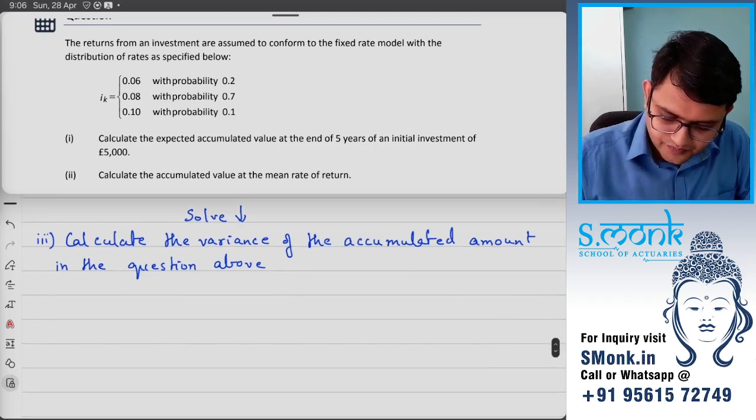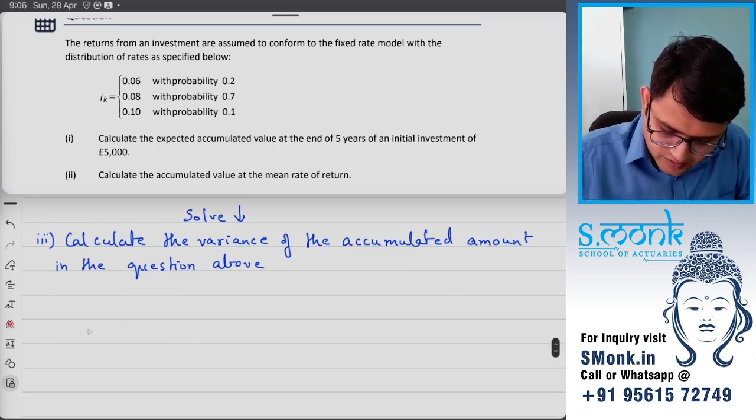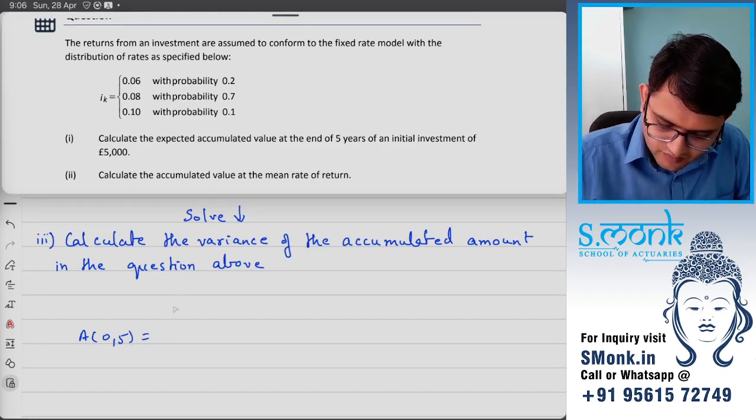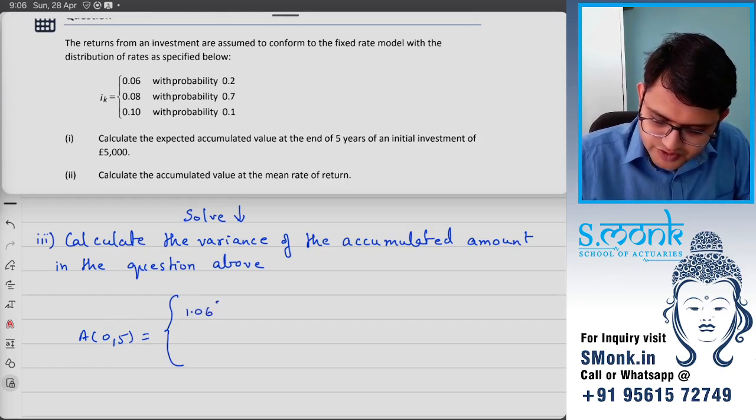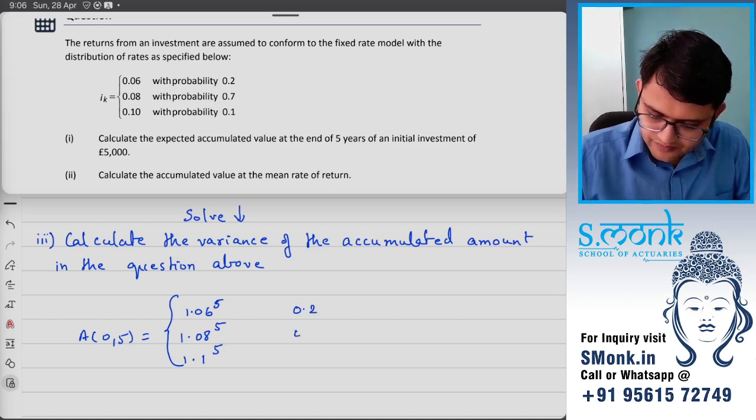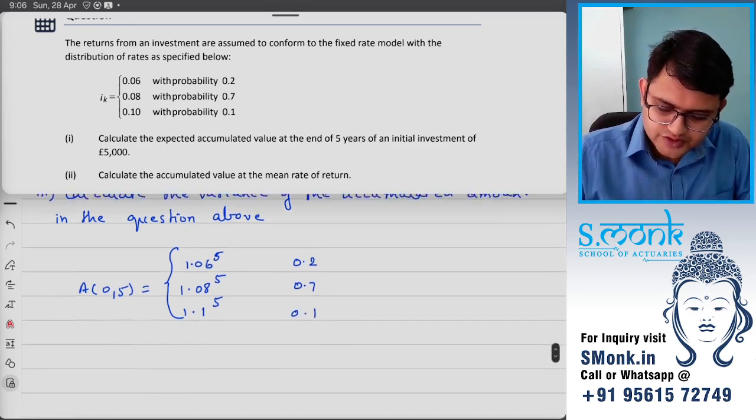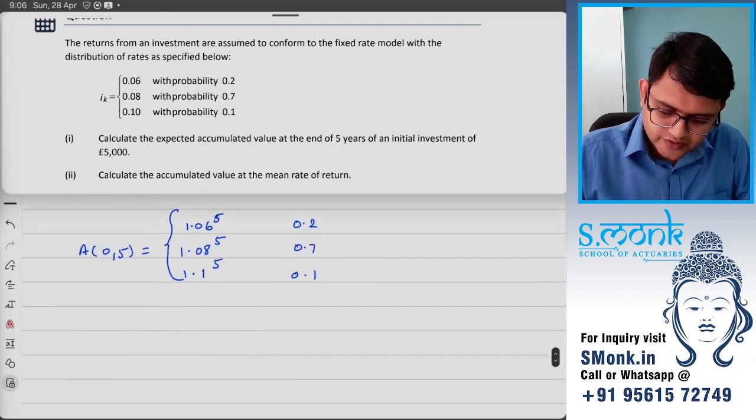So our accumulation factor for 5 years would be 1.06 raised to 5, 1.08 raised to 5 and 1.1 raised to 5, and the probability of that happening is given. We used this to calculate expected value yesterday.